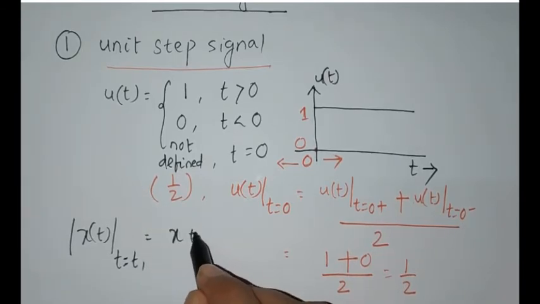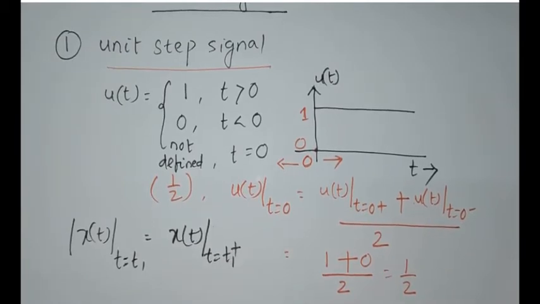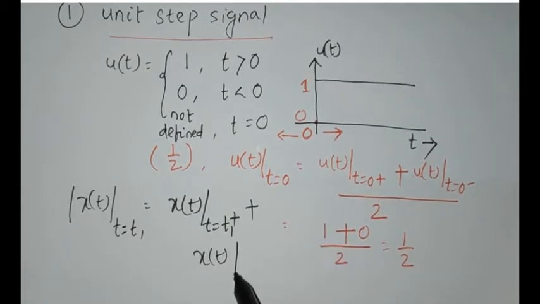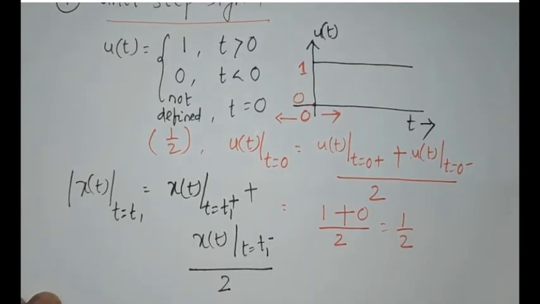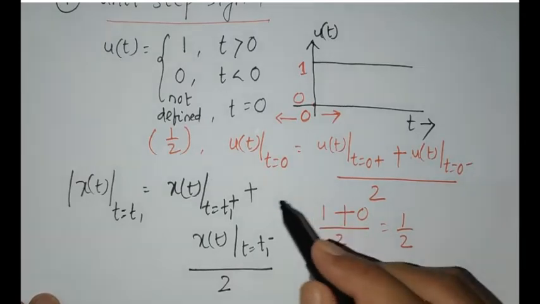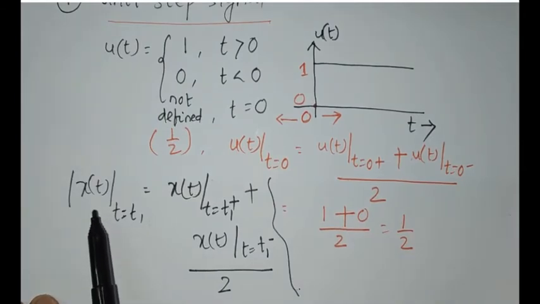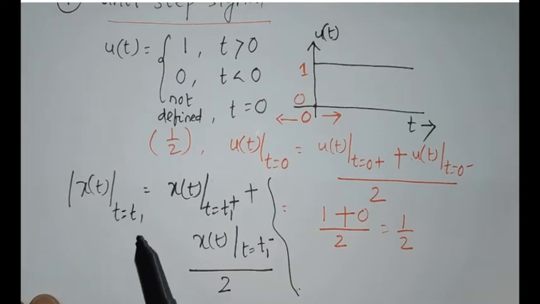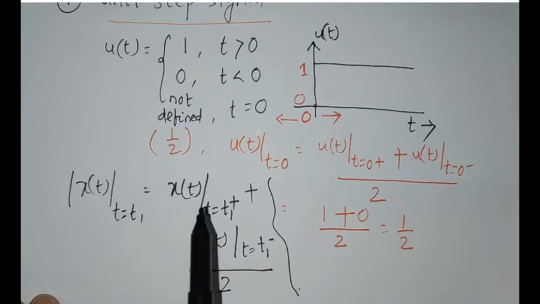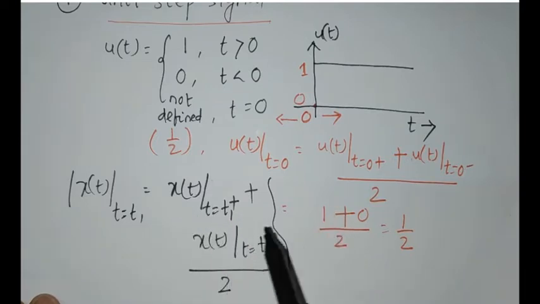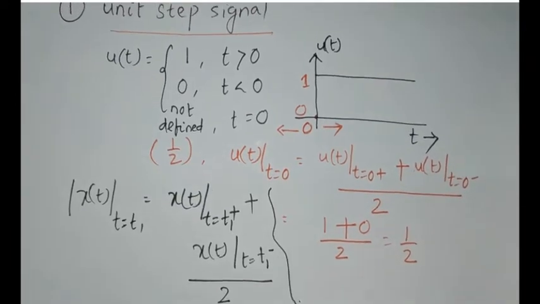Then x of t at t equals t1 is x of t at t1 plus, just the right hand side of that discontinuity point, plus x of t at t1 minus, the left hand side of the discontinuity point, divided by 2. This is the general formula to find the value of any function at a discontinuity point. Okay, clear?